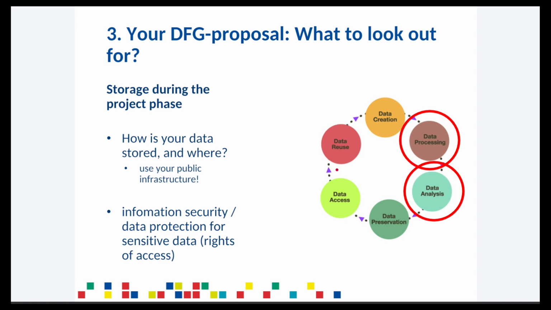As I mentioned, if it's not sensitive data, then you can use the Open Science Framework as a storage place for sharing and processing your data. It's this phase of the research data lifecycle. But in any case, in your proposal, you have to elaborate on how your data is stored and where. And we strongly recommend to contact your local infrastructure on that. And of course, if there are any aspects on information security or data protection for sensitive data, elaborate on that as well, especially on rights of access.